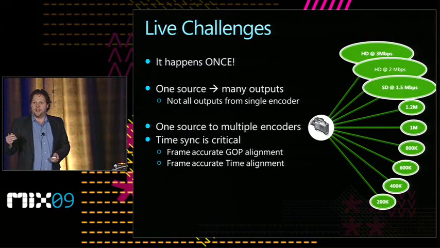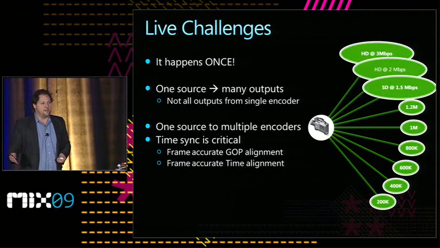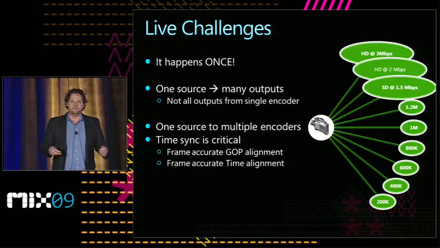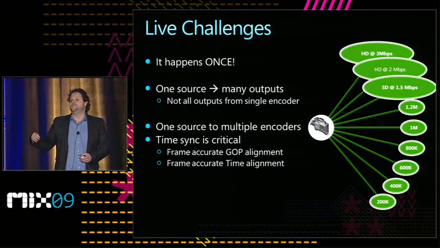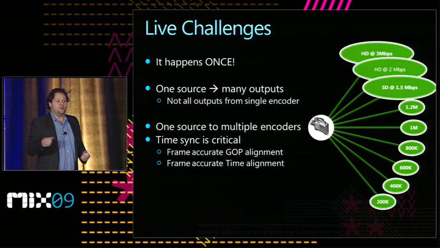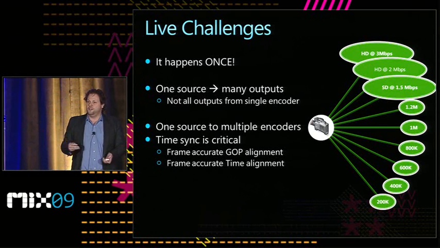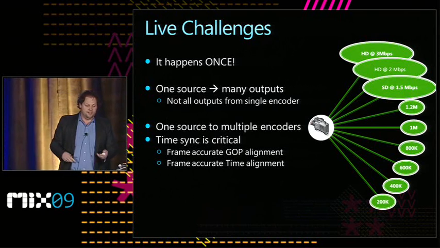Well, you need to make sure that you've got time alignment on those 2-second boundary conditions. You've got to make sure when the request comes in and says, I'm going to go from that 700 kilobit stream up to that 1.2 megabit per second stream, that the audio and video stay in sync. You don't want the video to be leading in one segment and behind in another, or audio to be off. You've got to make sure you have that synchronization.